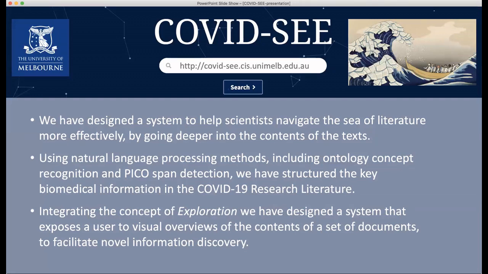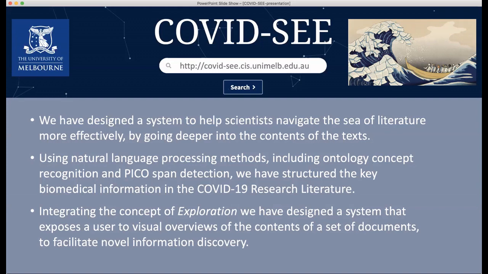So we've designed a system to help scientists navigate, we hope, the sea of literature more effectively by going deeper into the contents of the text, building on natural language processing methods, including ontology concept recognition and PICO span detection, to structure the key information that's in that literature.